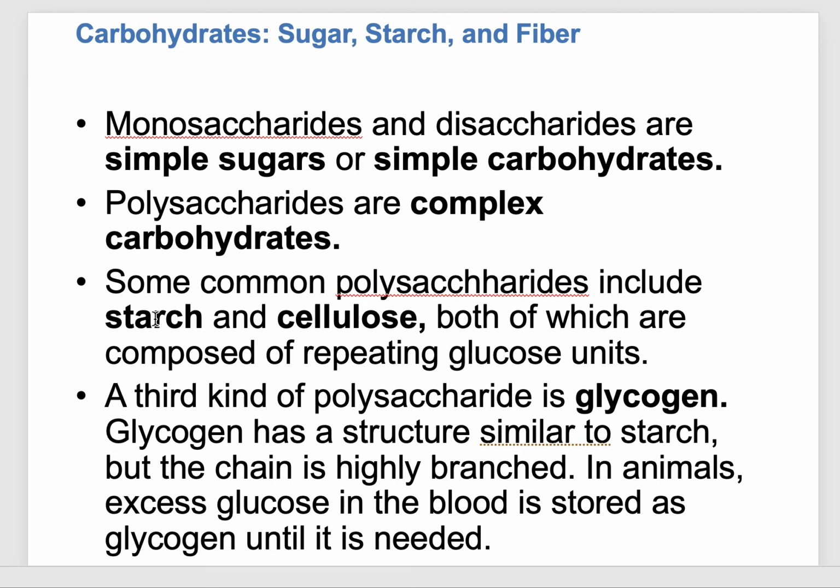Now, the third kind is glycogen, and it's similar to starch, except it has branches coming off. So it's more complex, and that's the form of polysaccharide stored in animals.